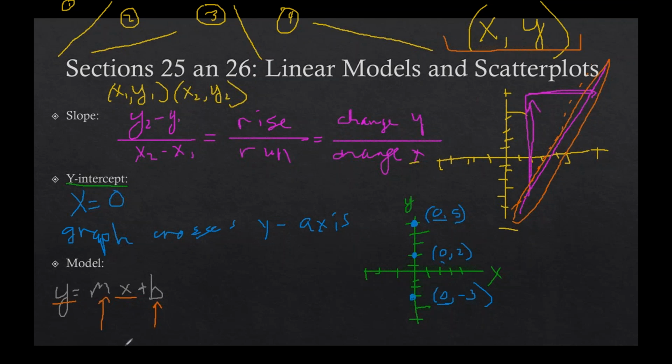What does the m stand for? Does anybody remember this from back in the day? Oh. M stands for slope. So your value of slope will always fall right in front of the x, and they're touching.